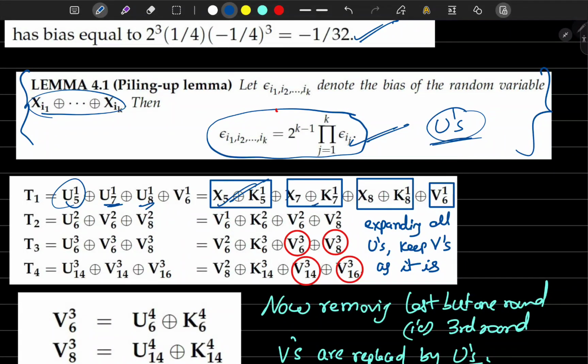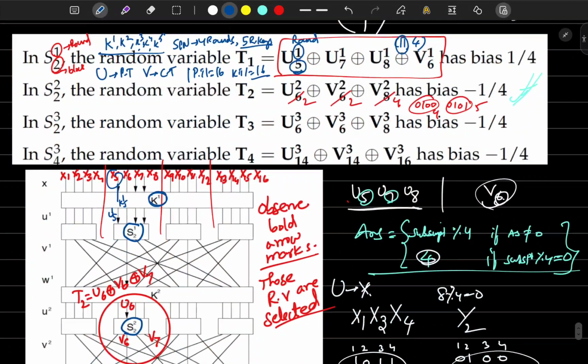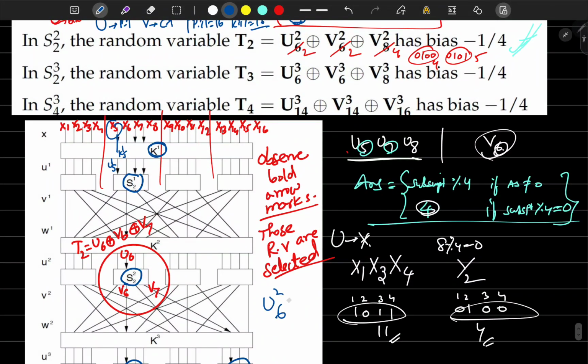Similarly u7, u8 are replaced like this. This is step 1. Similarly, what is u26? Tell me. How will you get u26? It is u16 XOR with k2.